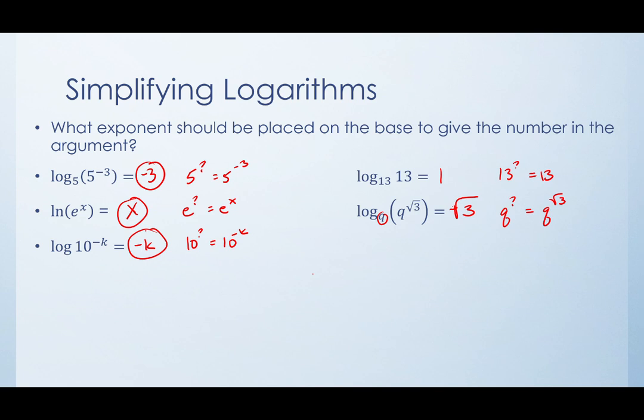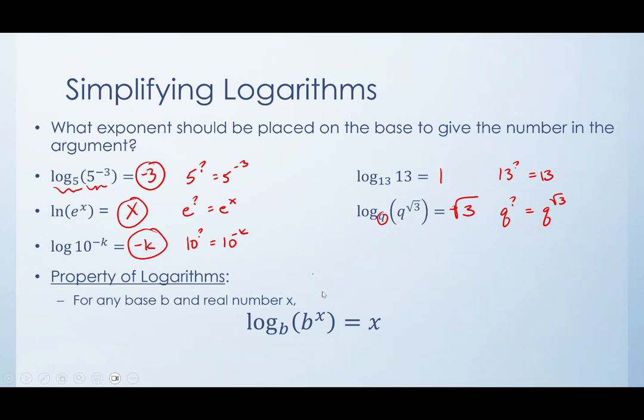But for each one of these, we kind of notice something, right? We have a log composed with its inverse function, a log composed with the exponential, and so we see a property here, which we've already seen when we first talked about inverses, where we can say f inverse composed with f of x just gives us x, right?